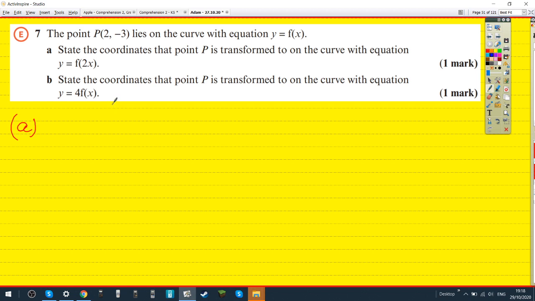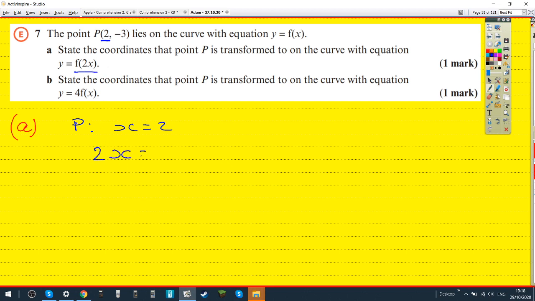It's 4 minus 3. So for the first one, originally for P, the x coordinate is 2. So it's 4, is it not?